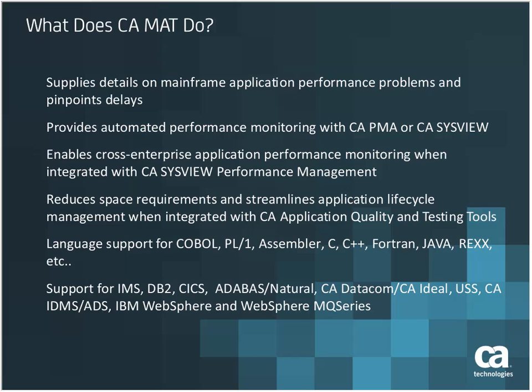We also leverage CA SYSVIEW. With CA SYSVIEW, you can automate the process. If you have capture event, you can set specific thresholds for different components, and one of the actions can be to initiate a MAT measurement.